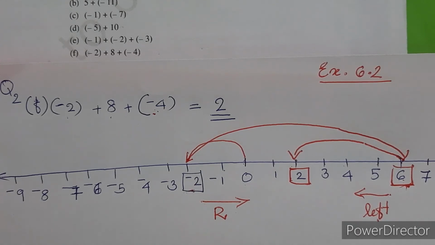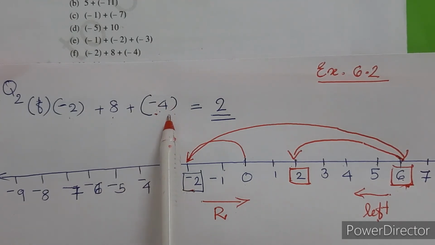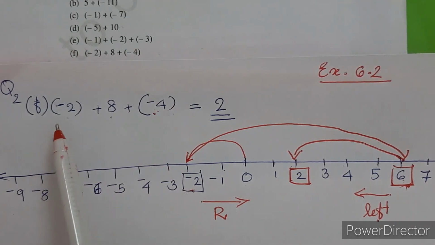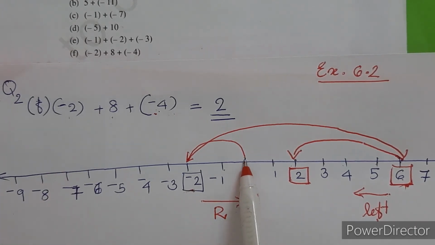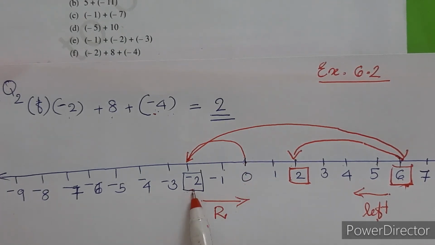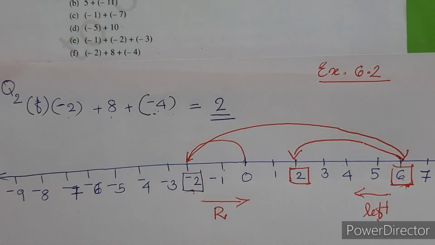First of all, here we have 3 digits: minus 2, 8 and minus 4. First we identify the position of minus 2 from 0. It will be expressed like this, right?